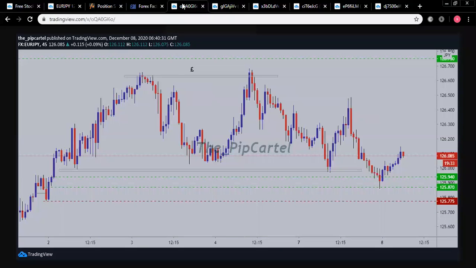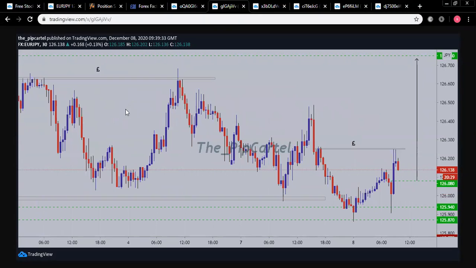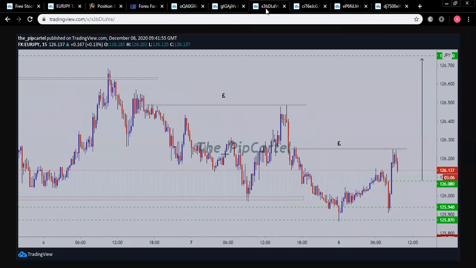The previous chart was the 45 minutes time frame, and this is the 30 minutes time frame, and that was the entry. I was expecting price to come back to this cartel candle right here and continue the bullish move, and that was exactly what happened.